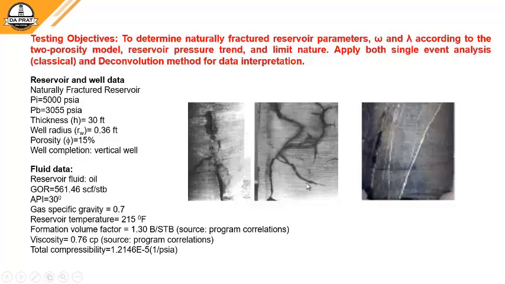Iran, for instance, has quite a potential of fractured gas reservoirs. The States also. But the idea is a system, like you see here, where you have fractures, like the one you see here, and matrix.